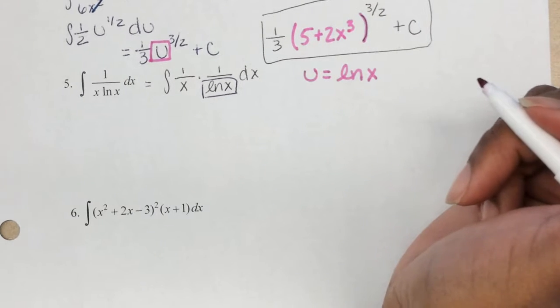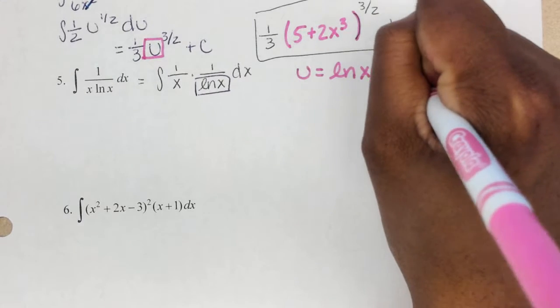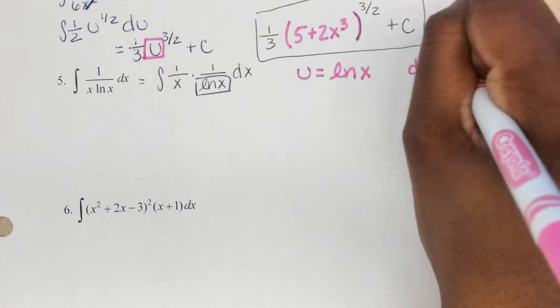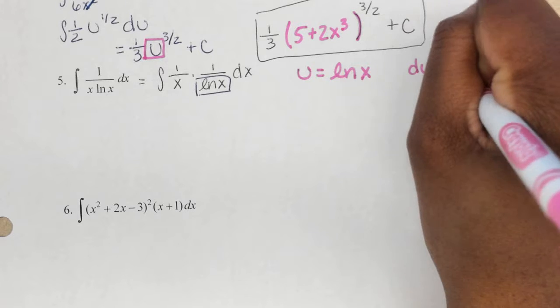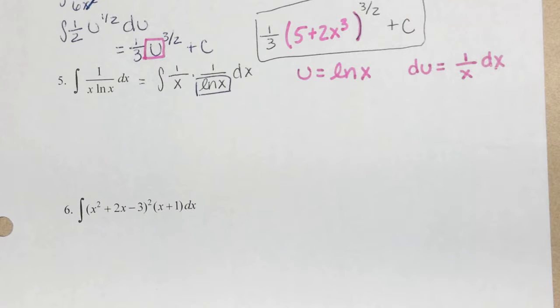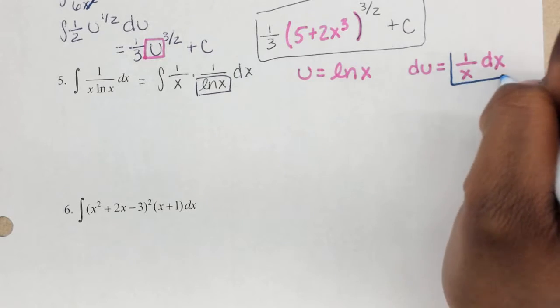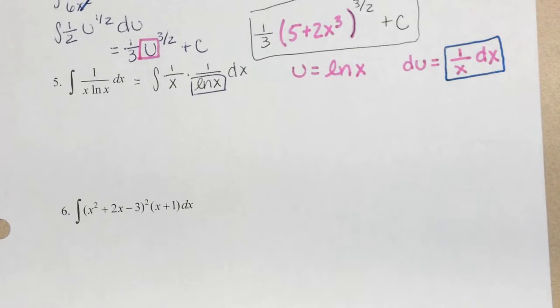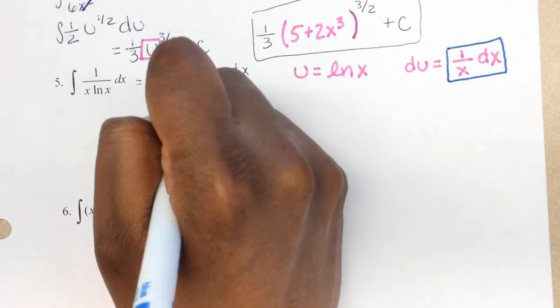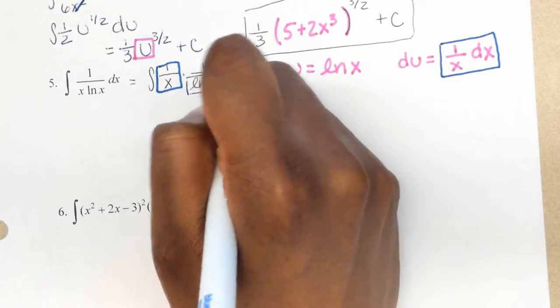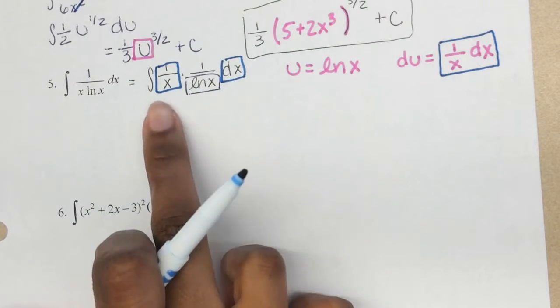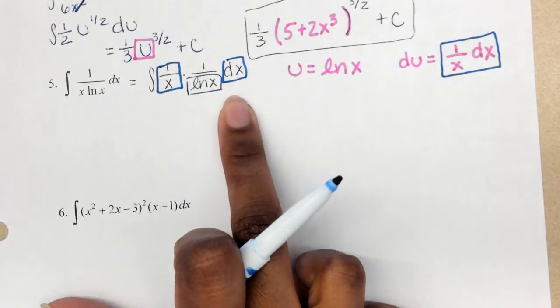And what I'm going to do here is actually find the derivative now, so that du is equal to 1 over x dx. And if I look very closely, 1 over x dx is that whole section, right? It's the 1 over x dx.